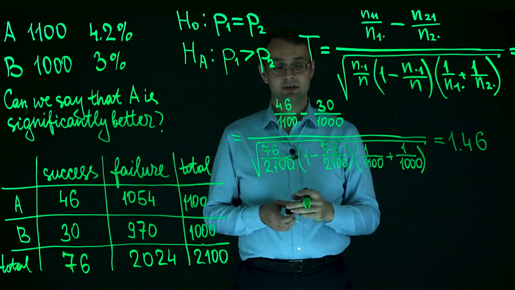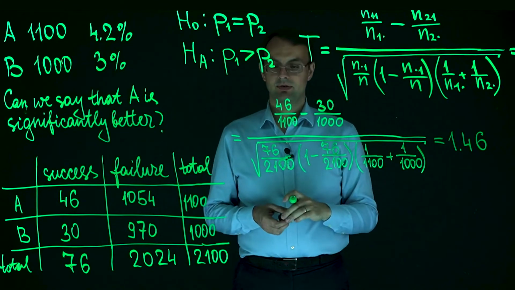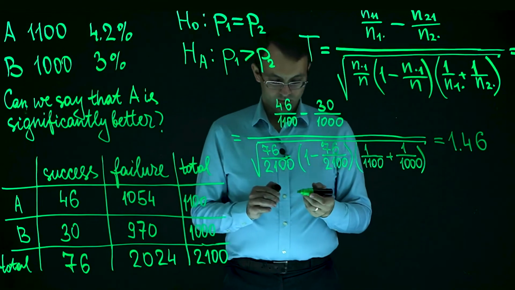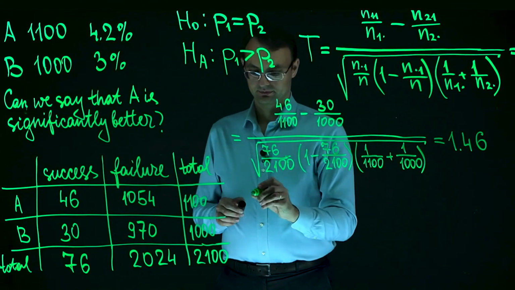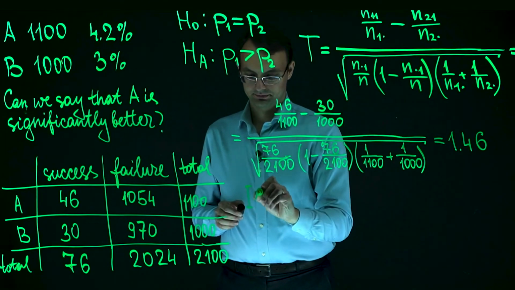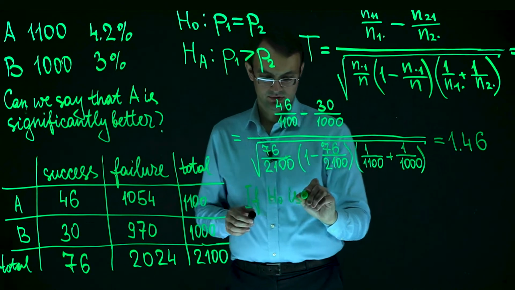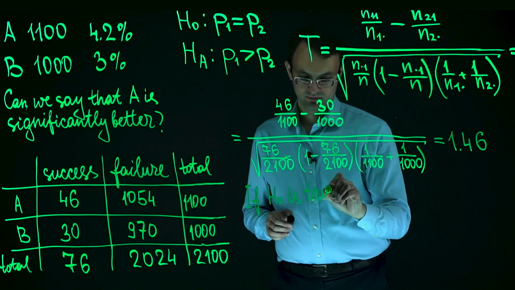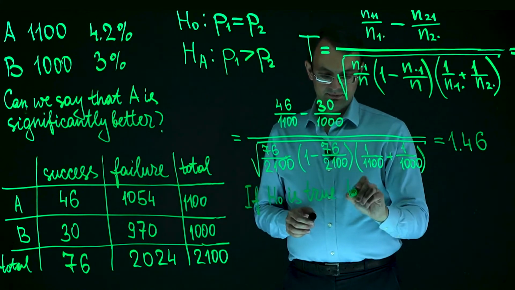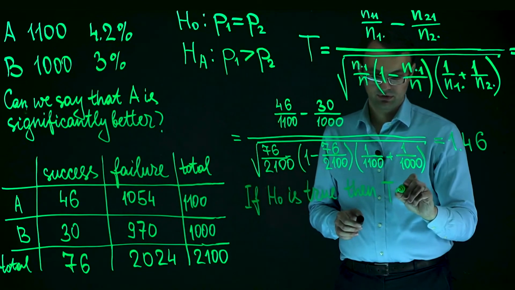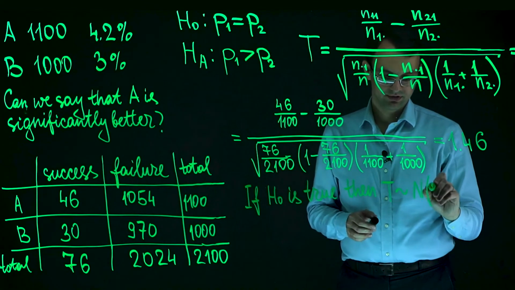T is the test statistic, and this is the observed value. Then we say that we know that if the null hypothesis is true, then T follows standard normal distribution.